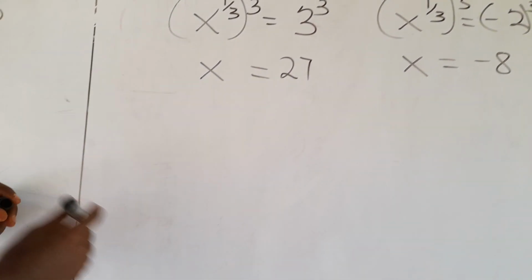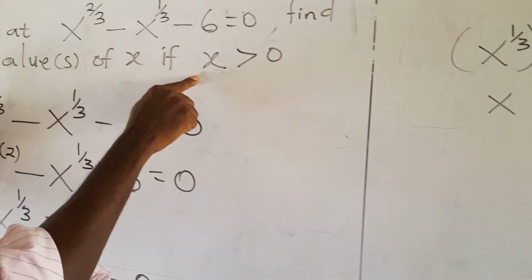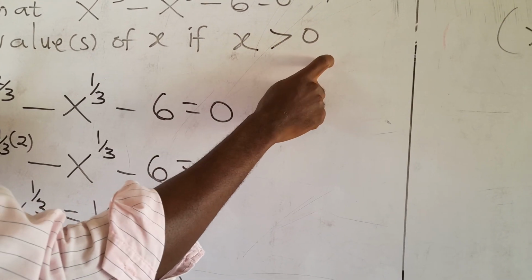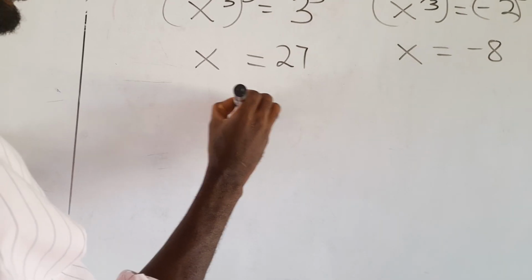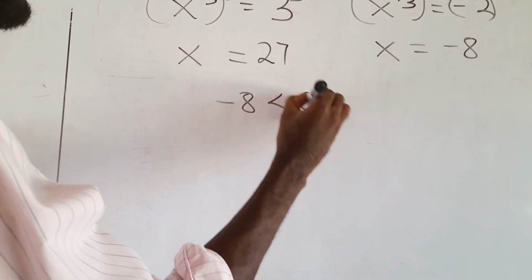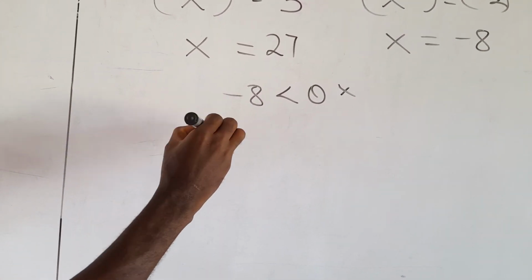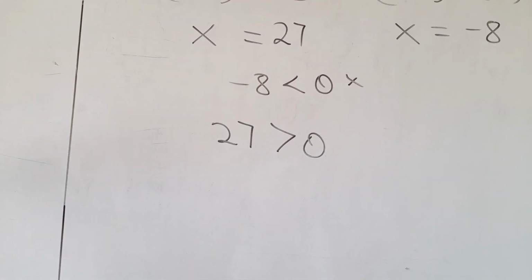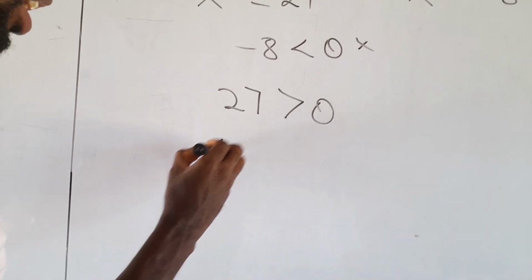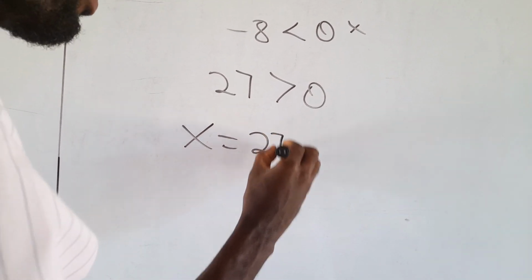But remember, in the question, they say x is greater than 0. So you can see negative 8 is actually less than 0, so we don't need this. But 27 is greater than 0. So we can boldly say that our x is equal to 27.